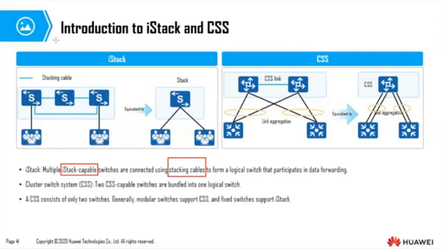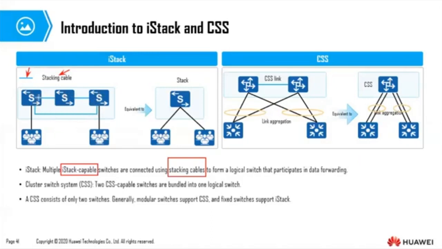So look at how that is done. These links that are colored blue are what we are calling stacking cables, a special kind of cable. So we have switch 1, switch 2, and switch 3. We interconnect them in a ring topology. Are you seeing the ring? Because you've connected this one to this one, then this one to this one, then this one back to this one.